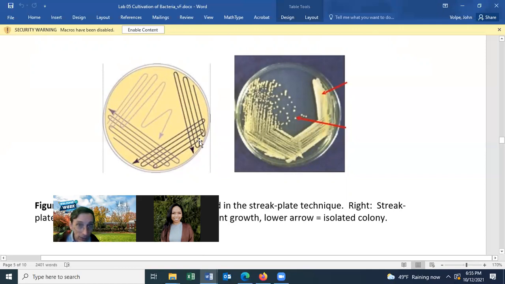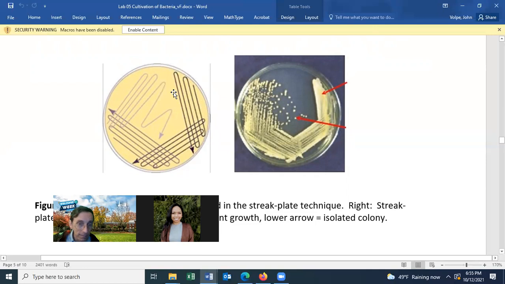And these last 2 loops will be more diluted than the first 2. And ideally, you want to go 20 to 30 times in a quadrant. You don't want to do 1, 2, 3, 4, 5 or 6 times in a quadrant. You want to go 20 or 30 streaks in a quadrant.